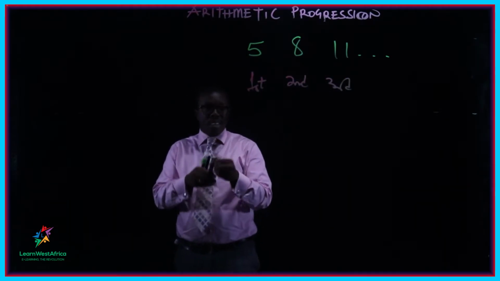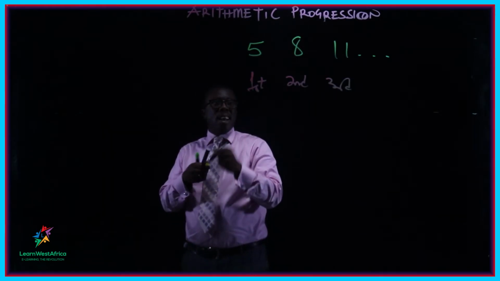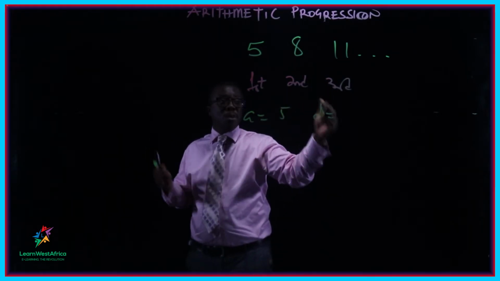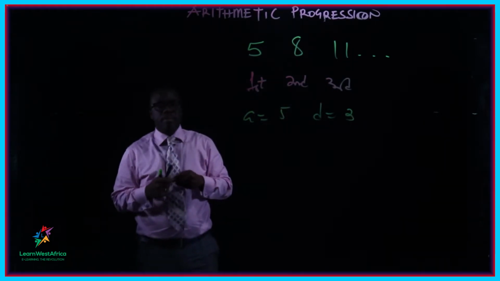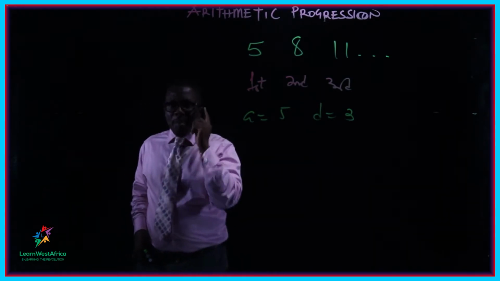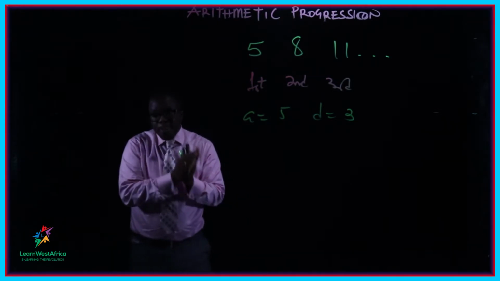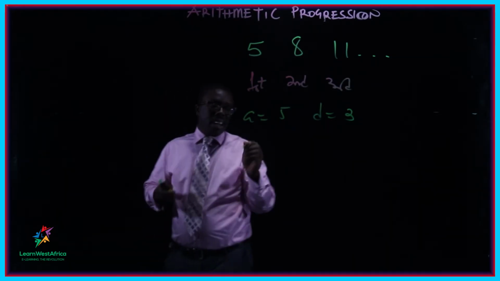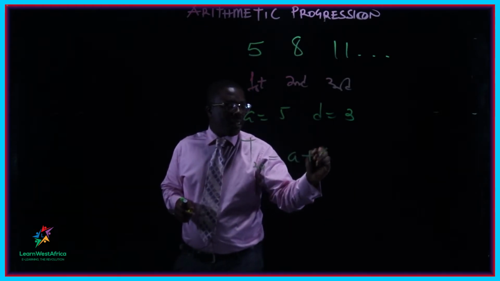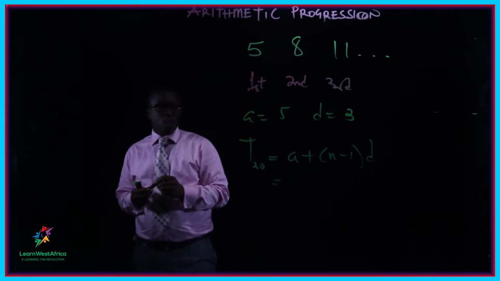So clearly this is an AP, with the first term being 5, and the obvious common difference will be what? 3. All right, so the question says, how many bags is he going to pick up on the 20th of March? Clearly, this is the 20th term. So that's a plus n minus 1 d, and we'll replace n with 20.